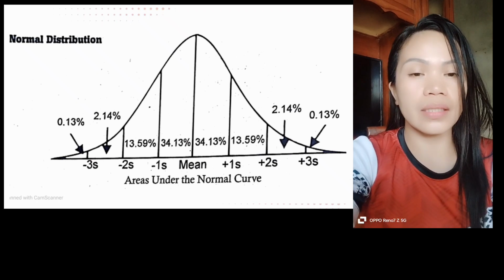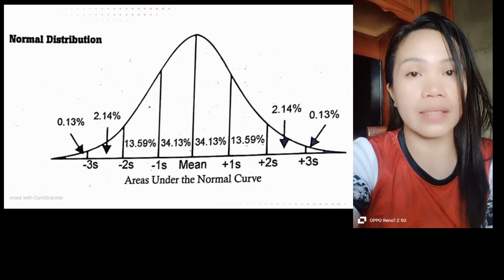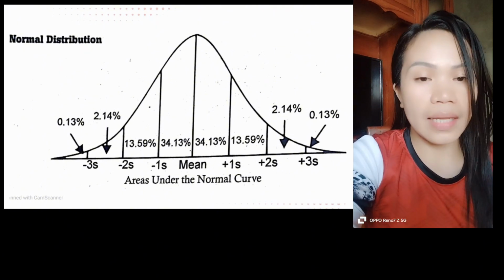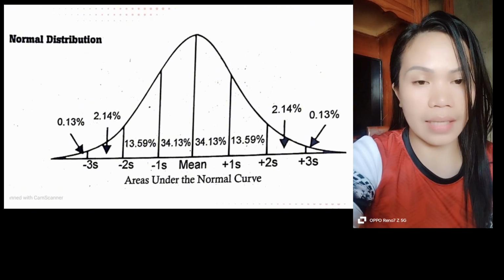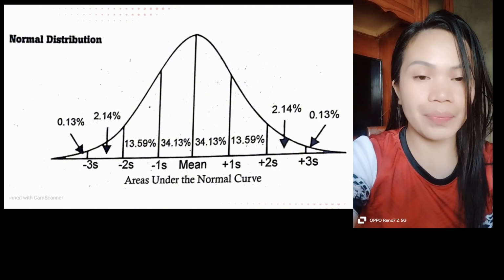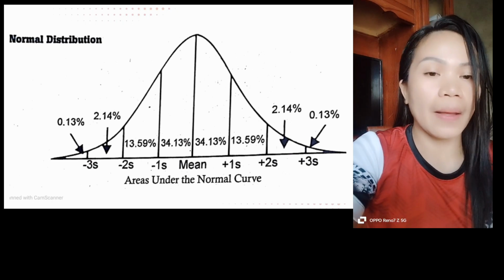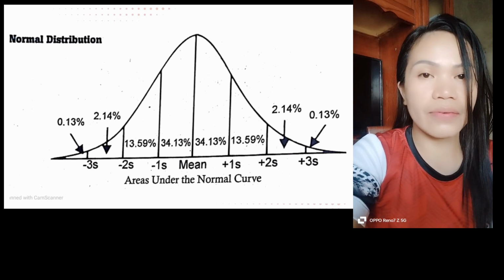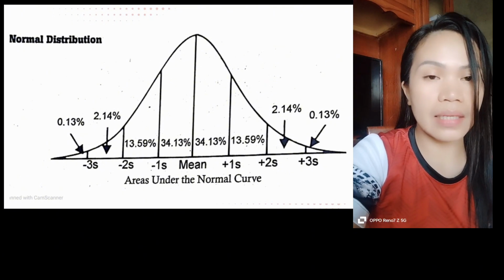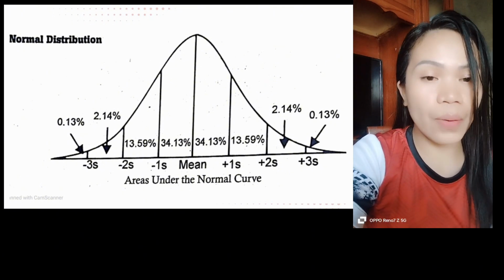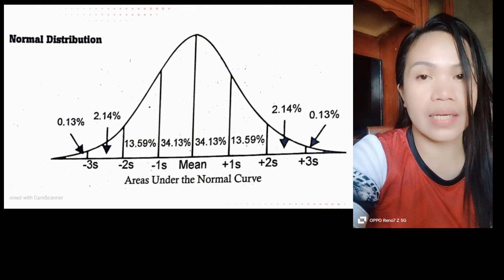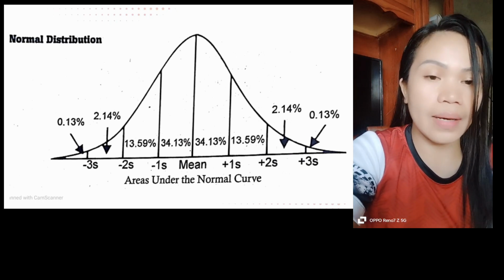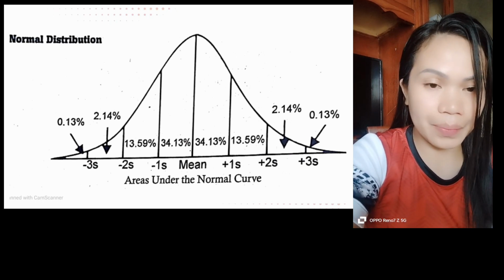Alright, let's proceed to the normal distribution. Let us evaluate the area under the normal curve between the mean and the standard deviation as indicated in the diagram. The percentage of cases that fall between the mean value and the value of the mean plus one standard deviation unit in the normal distribution of scores is 34.13%.